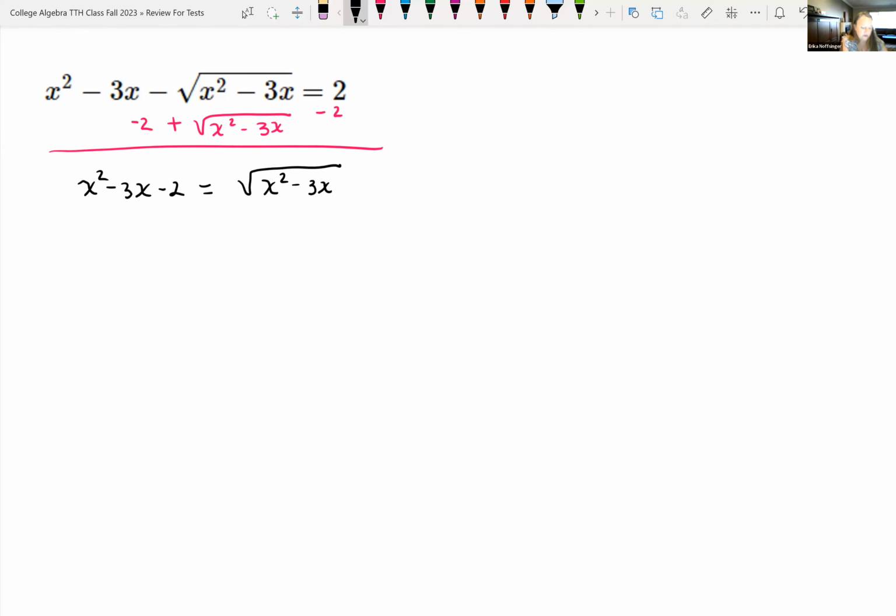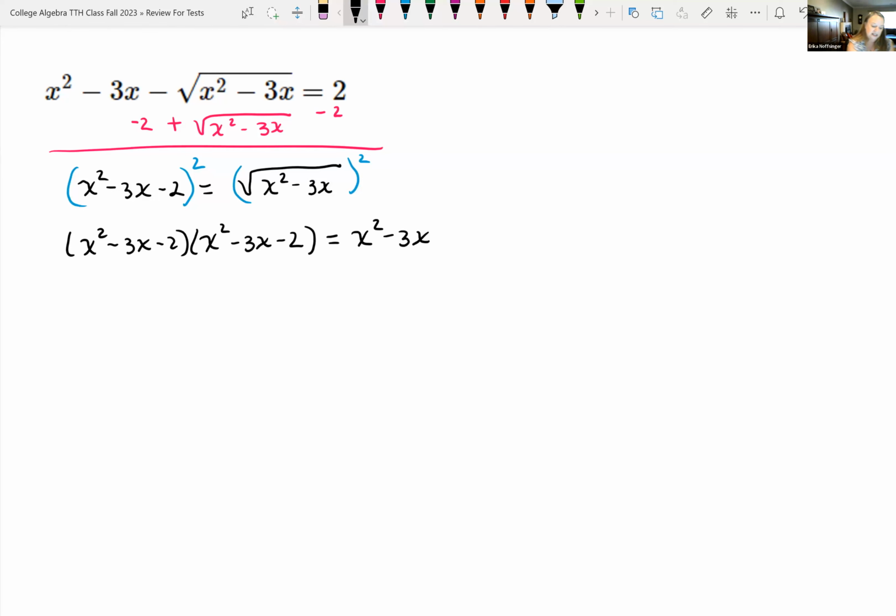We want to get rid of our radical, and we can do so by squaring both sides of our equation. Unfortunately, I'm going to have to multiply out x squared minus 3x minus 2 times x squared minus 3x minus 2, which is equal to, squaring the square root gives us the radicand, x squared minus 3x.